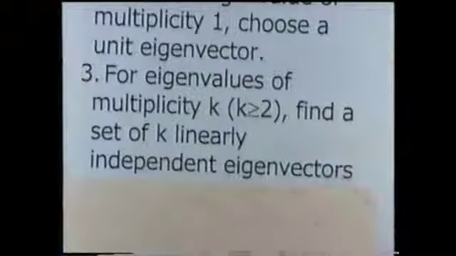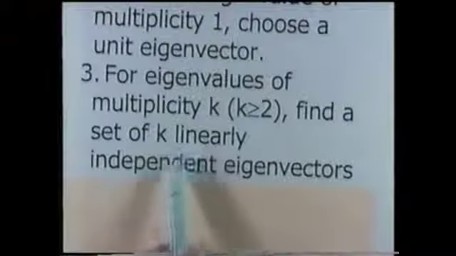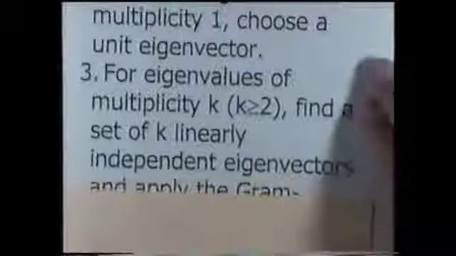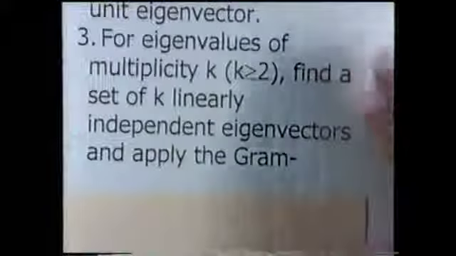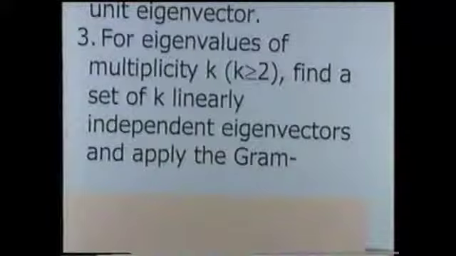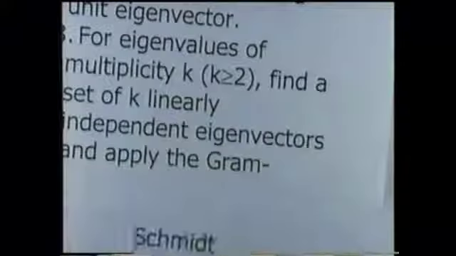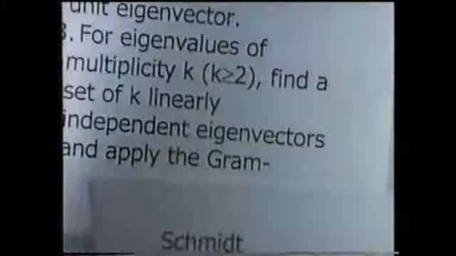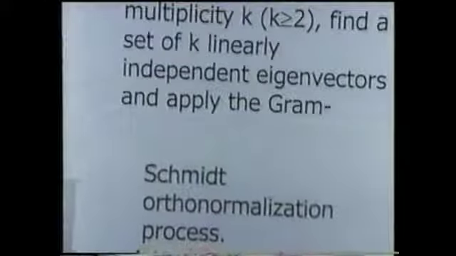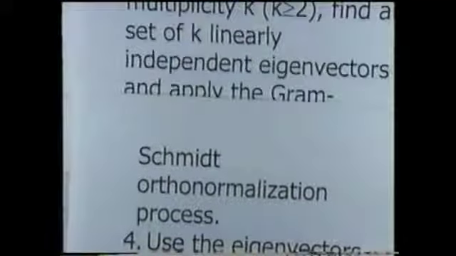For eigenvalues of multiplicity greater than or equal to 2, you find a set of k linearly independent eigenvectors and apply the Gram-Schmidt orthonormalization process.